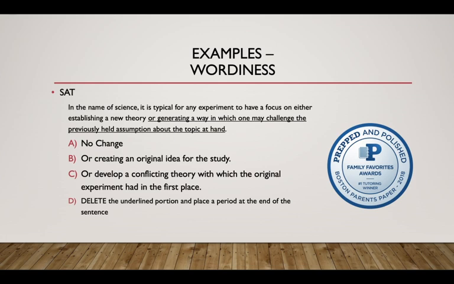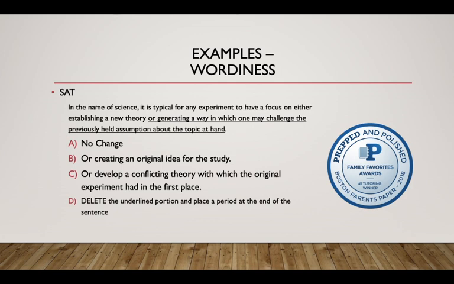All right, let's look at an SAT example. In the name of science, it is typical for any experiment to have a focus on either establishing a new theory or generating a way in which one may challenge the previously held assumption about the topic at hand. That sounds very fancy the way you say it like that. But is there a better way? What is the author trying to say?